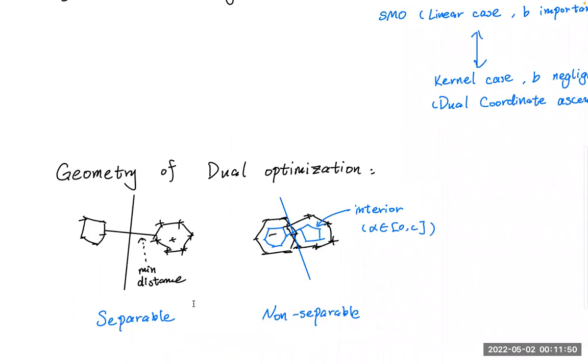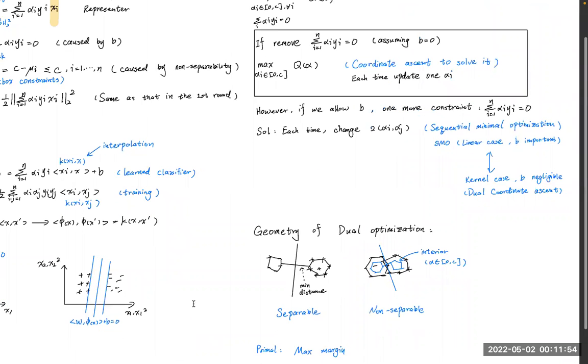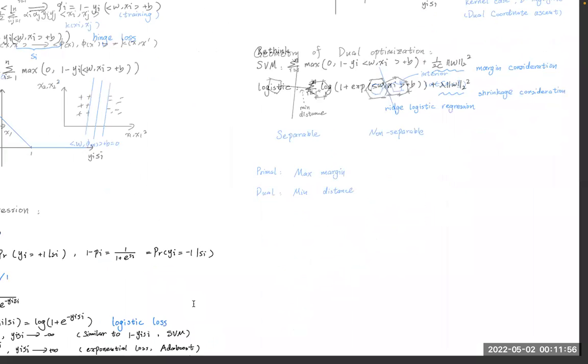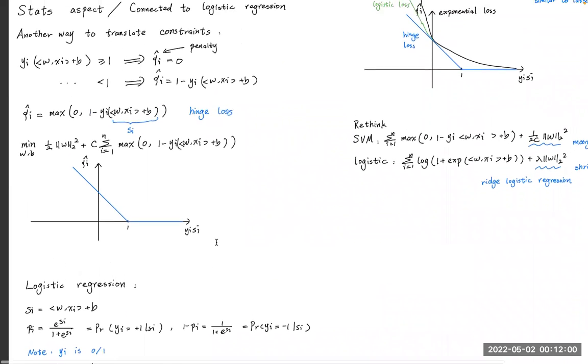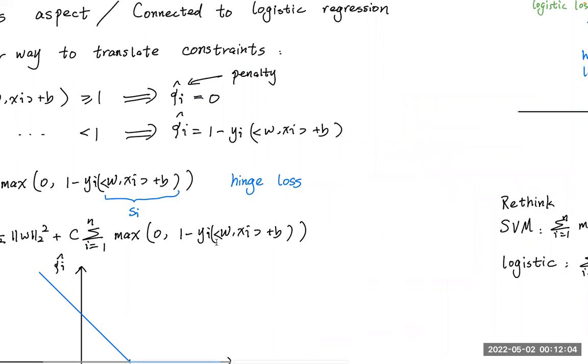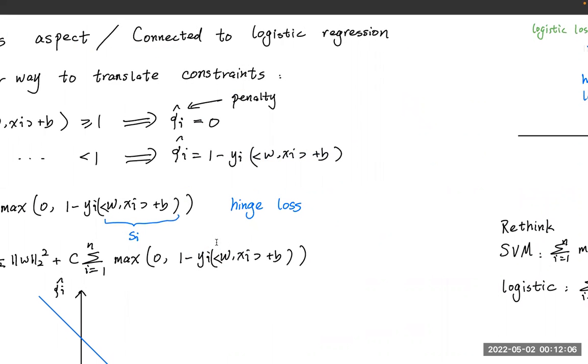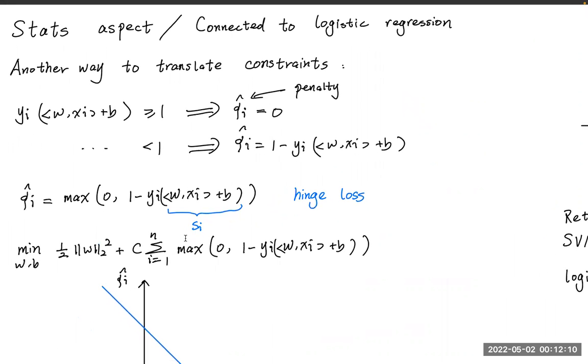Okay, so now let's look at the next page. Now we switch gears. We try to gain some understanding from the statistical perspective. In particular, we hope to connect this non-separable case to a familiar example, logistic regression.